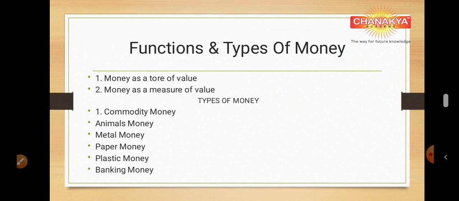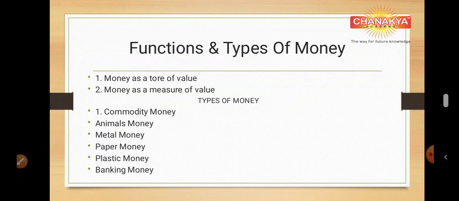But when money was used to store value, it gave birth to the concept of credit system and installment payment, because the same stored value can be used every time to make the payments.